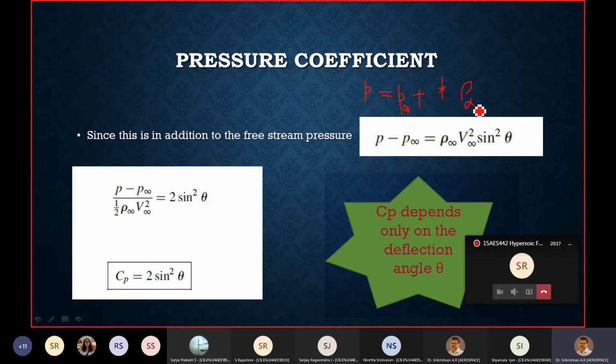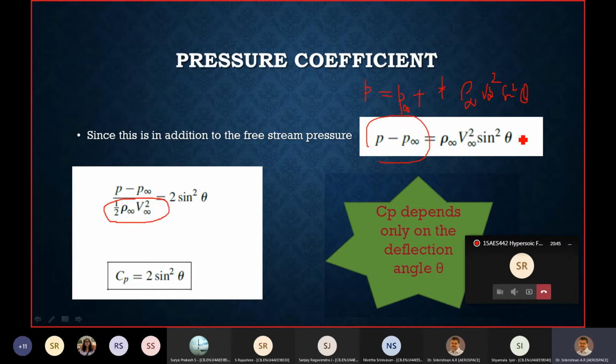This happens to be rho infinity V infinity squared sine squared theta. Which in turn means P minus P infinity, taking both the pressure terms to the same side, is equal to rho V infinity squared sine squared theta. In other words, (P minus P infinity) divided by half rho V infinity squared is equal to 2 sine squared theta.